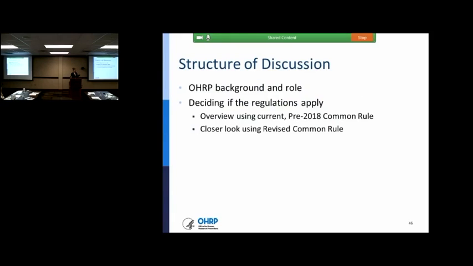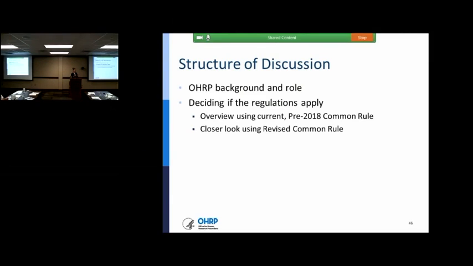So this is a little overview of the structure, because in trying to integrate the new upcoming changes with the current material that we have, it can be difficult to be jumping back and forth. And so the way that we're going to go through this is that I'm going to talk just a little bit about the OHRP background and the role of our office. And then we will go through the process of determining if the regulations apply to research activities.